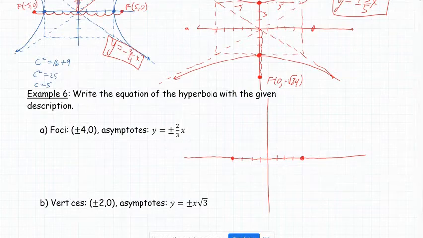Asymptotes at up 2 and over 3, down 2 and over 3. Up 2 and backwards 3. And down 2 and backwards 3.